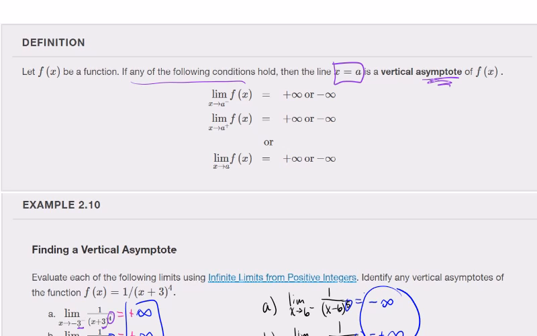Okay, so if on one side, from the left or the right, we have a graph that approaches positive infinity or negative infinity, then that means we have an asymptote at x equals a, right? So notice a is what we approach. So if we approach a number and the output approaches infinity or negative infinity, then we have an asymptote there, right? Or if the two-sided limit approaches positive infinity or negative infinity, that means we have an asymptote, okay?